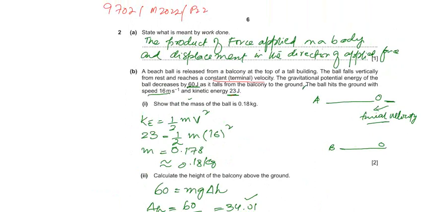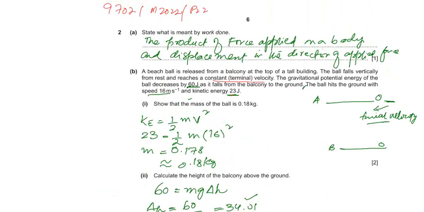A beach ball is released from a balcony at the top of a tall building. The ball falls initially from rest and reaches a constant velocity. The gravitational potential energy of the ball decreases by 60 joules as it falls from the balcony to the ground. The ball hits the ground with a speed of 16 meters per second and kinetic energy 23 joules.